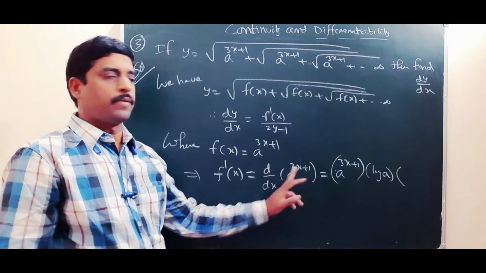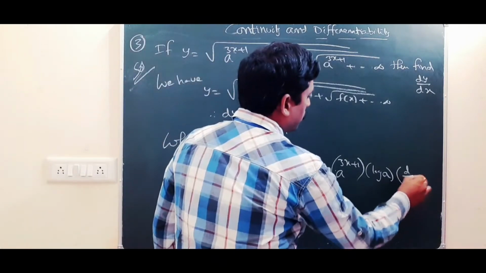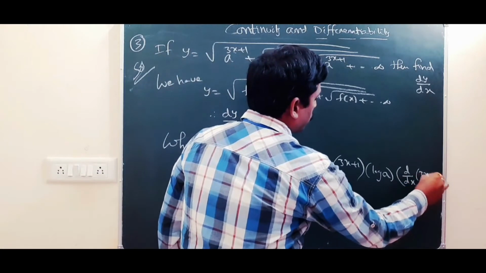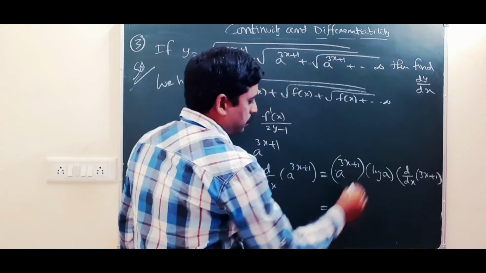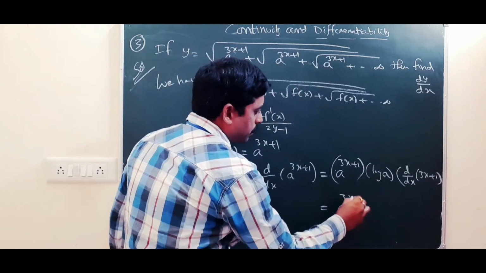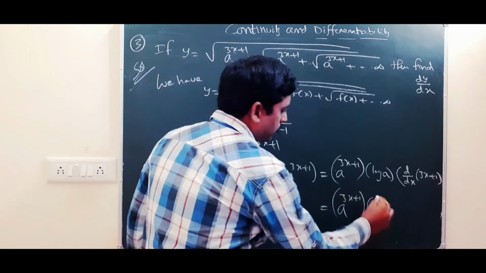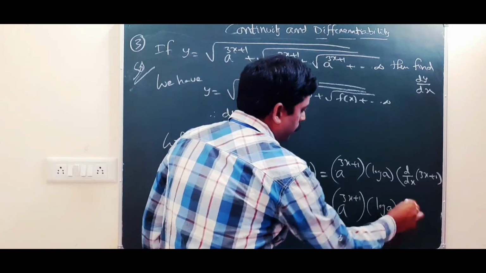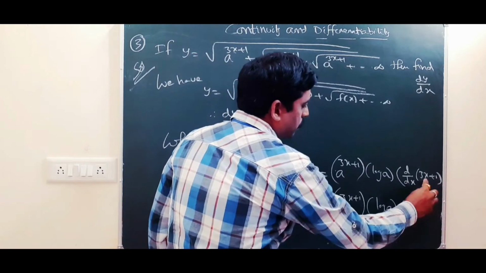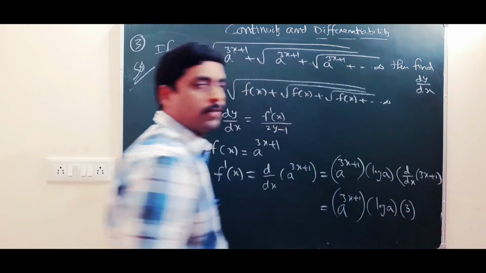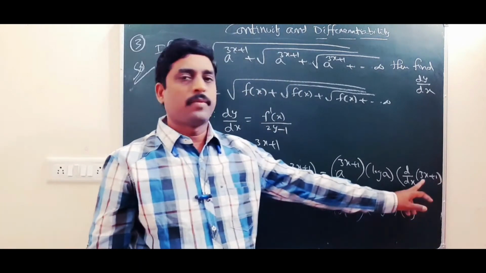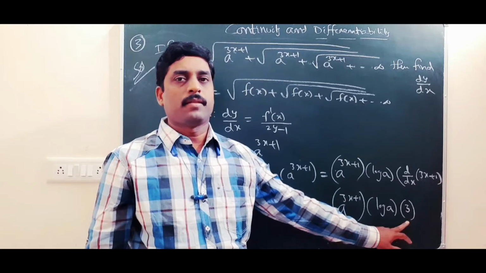So by using the chain rule, the differentiation of 3x+1 will be 3. So a^(3x+1) into log a into 3; in this, 3 is a constant, the differentiation of x is 1, and the differentiation of 1 is 0. So the differentiation of 3x+1 gives 3.